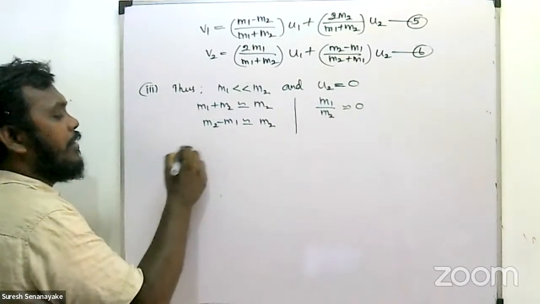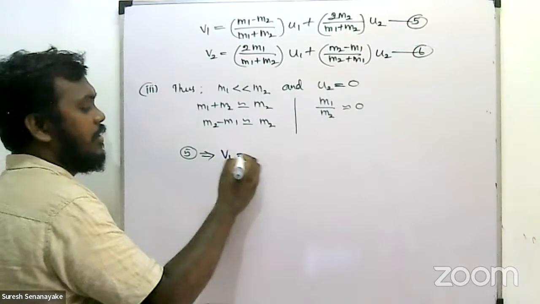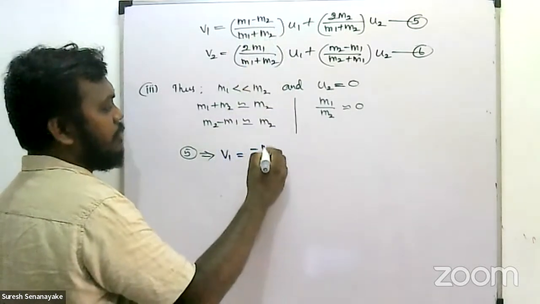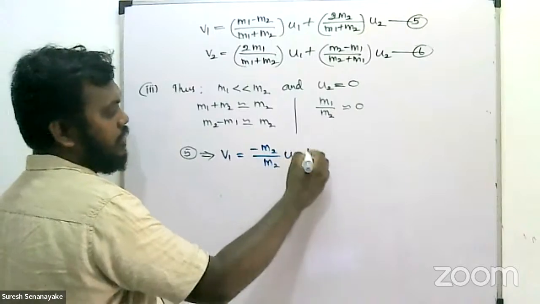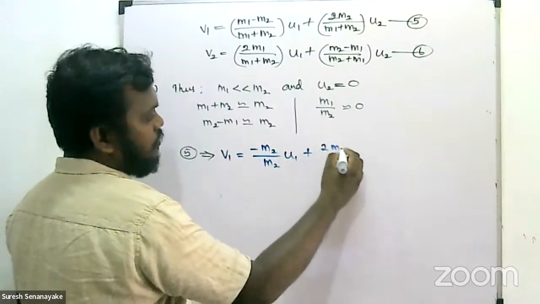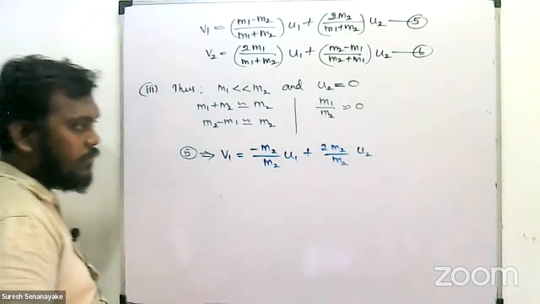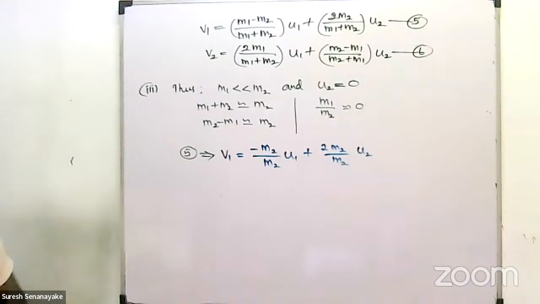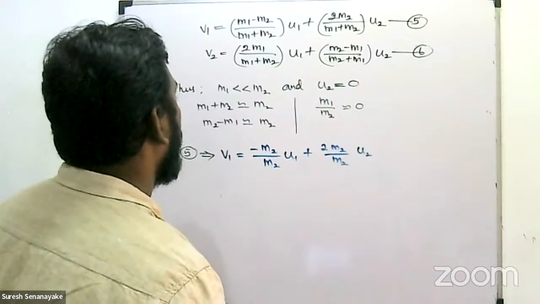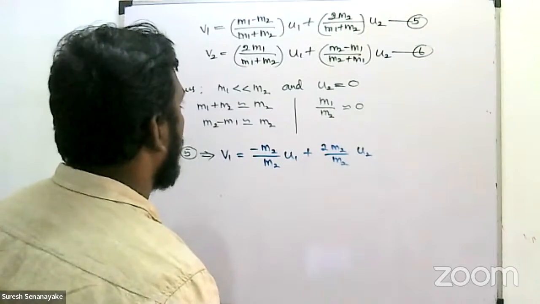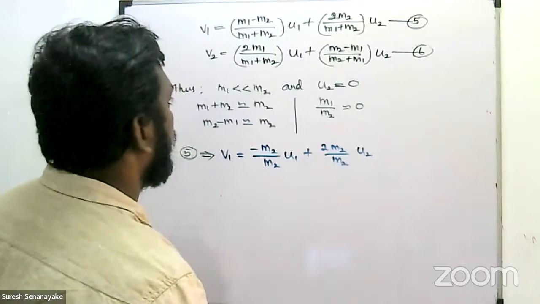So using equation number 5, you can write under this case, for V1: M1 minus M2 equals minus M2, M1 plus M2 equals M2, and U1, and here 2 M2 is approximately M2, times U2.